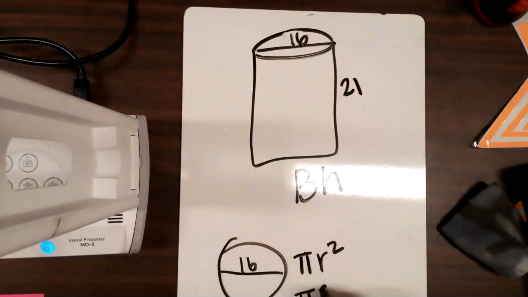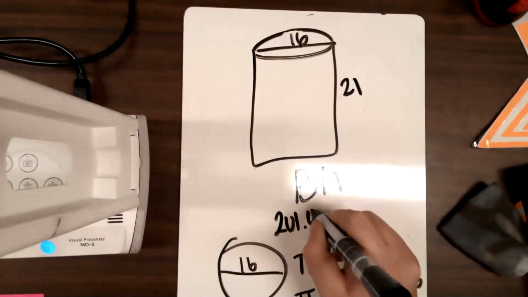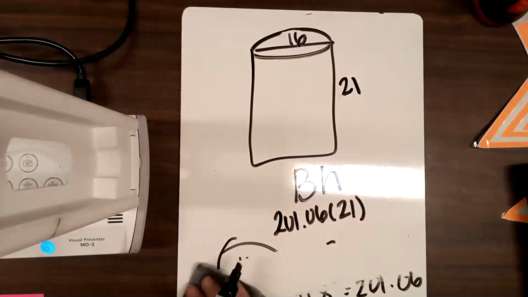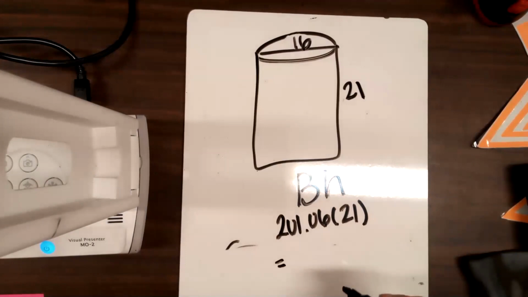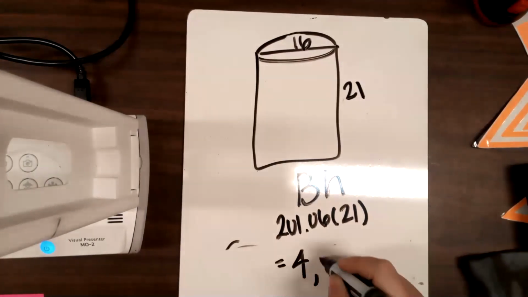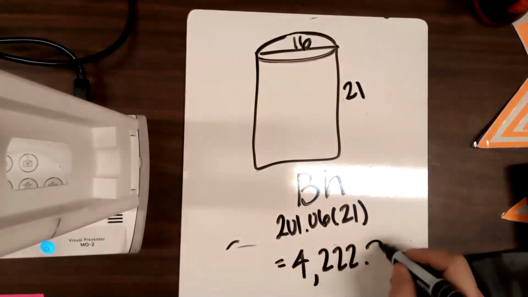So pi 8 squared. You type that in and you get 201.06. So my formula, I have 201.06 times my height, which is 21. And when you multiply those two together, you get 4,222.3.